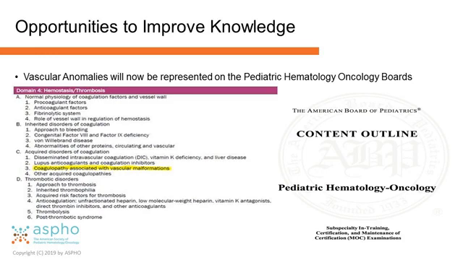Thanks so much, Jennifer. So in conclusion, we want to talk a little bit about opportunities to improve knowledge in vascular anomalies. And it's important to hone your knowledge, especially because now vascular anomalies will be represented on the pediatric hematology oncology boards.